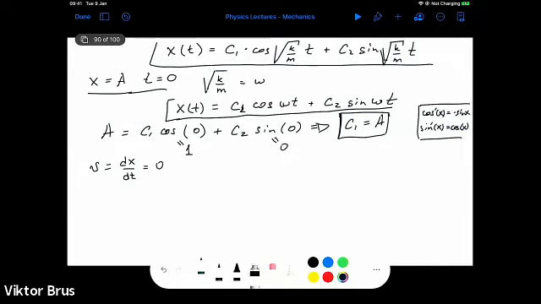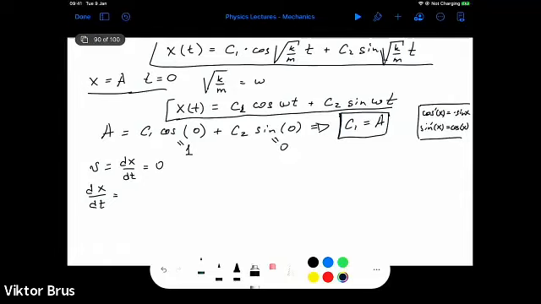Okay, now let's take the derivative. dx over dt is equal to c1 times cosine omega t. So this is actually a complex function, because we have cosine and then omega t in the argument, some linear function.